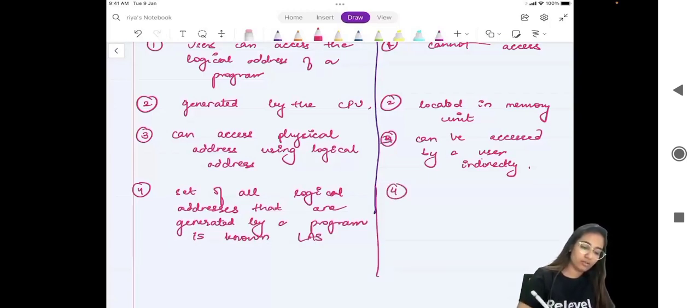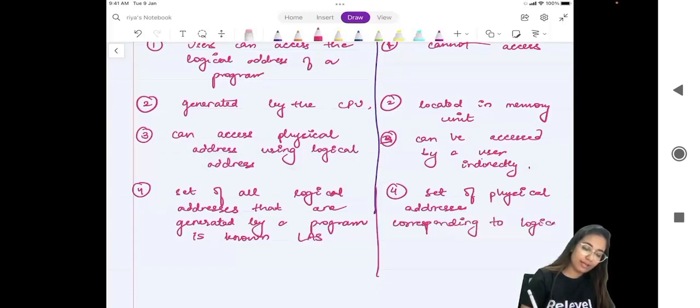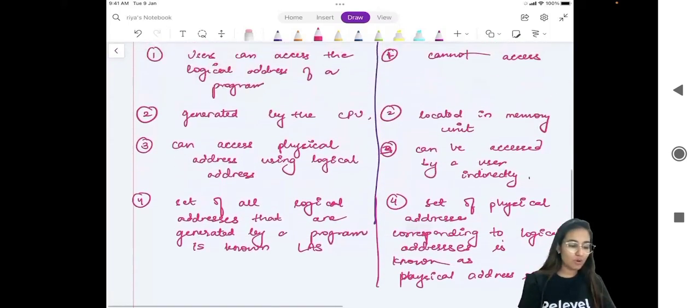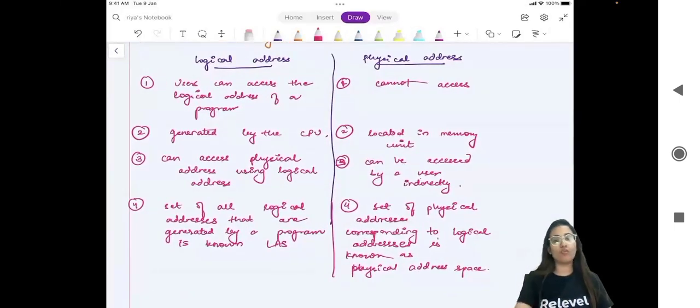And over here, set of physical addresses corresponding to logical addresses is known as physical address space. So that's pretty much the overall idea over here.